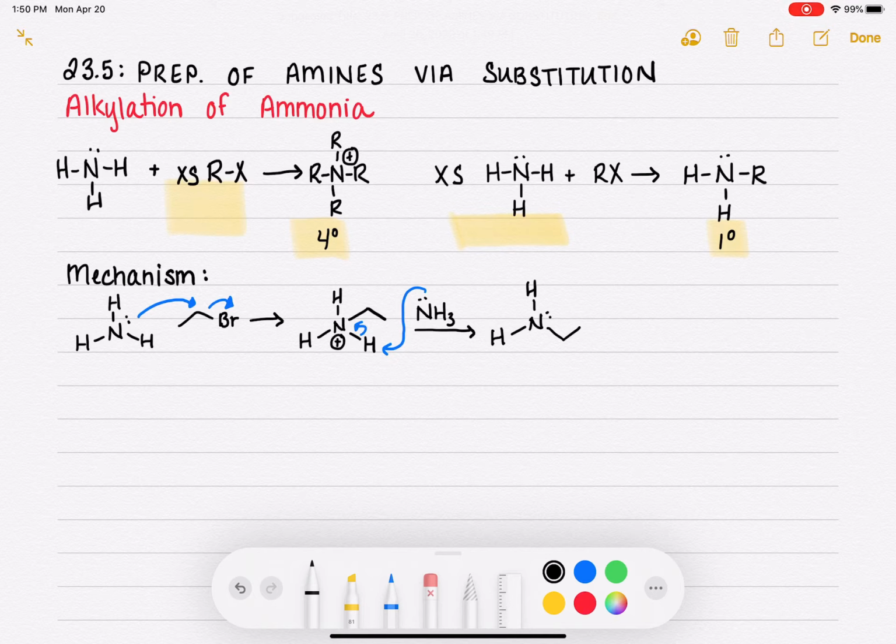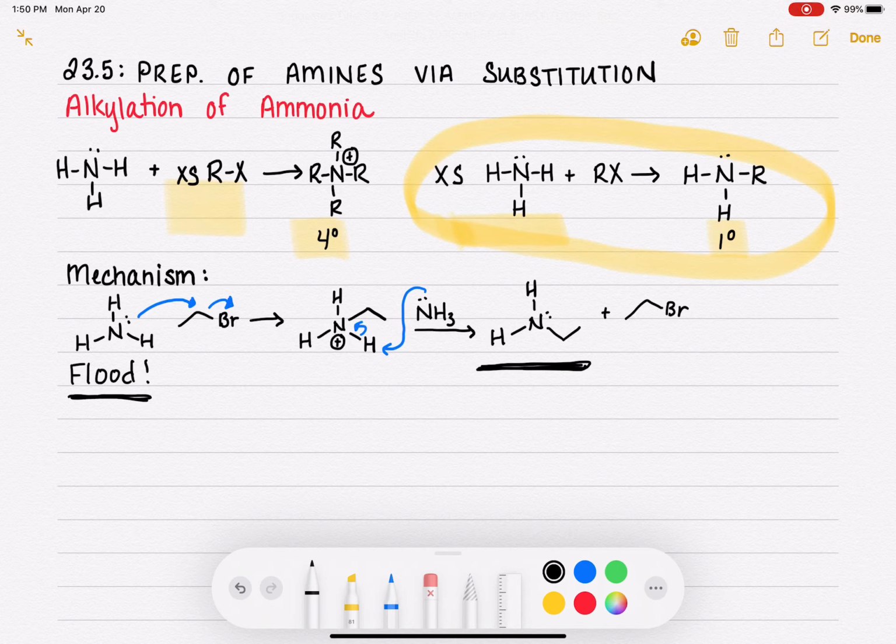Now, if we were running the reaction under these conditions right here, where we had excess ammonia, we've got tons and tons of ammonia, the chances of our monoalkylated product bumping into a second alkyl bromide and reacting again are very slim. The chances are slim because we have flooded the reaction with NH3. So most of the collisions that take place will be collisions between NH3 and something else.